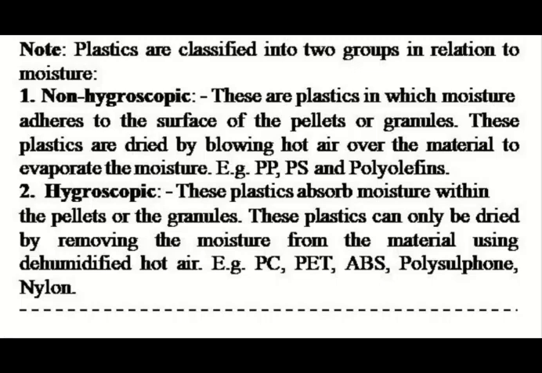And hygroscopic materials: these plastics absorb the moisture within the pellet or granules. These plastics can only be dried by removing the moisture from the material using dehumidified hot air. Examples for hygroscopic materials are polycarbonate, PET, ABS, nylon particularly, and polysulfones.